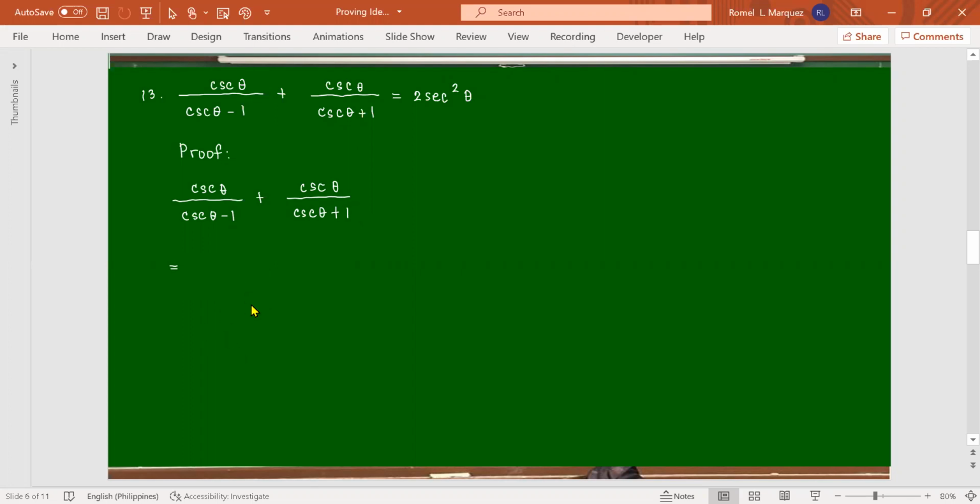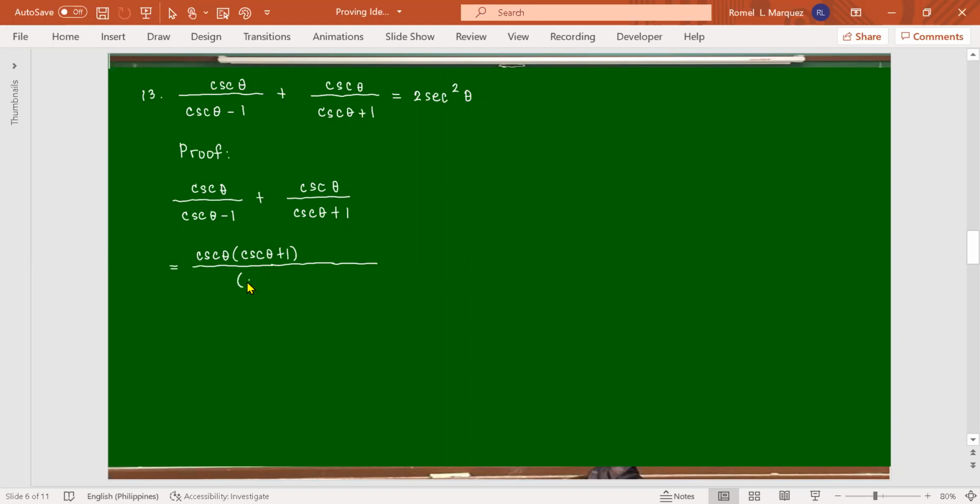Do I need to get the LCD? The LCD of these two fractions, cosecant theta minus 1 and cosecant theta plus 1. If I divide that by this, I will get cosecant theta plus 1, then times cosecant theta.